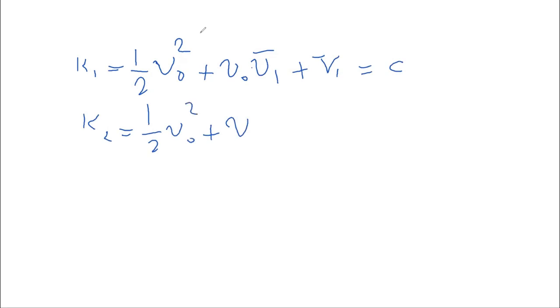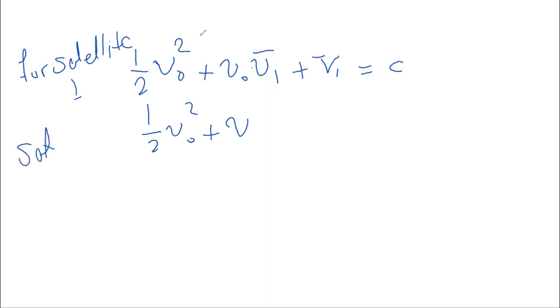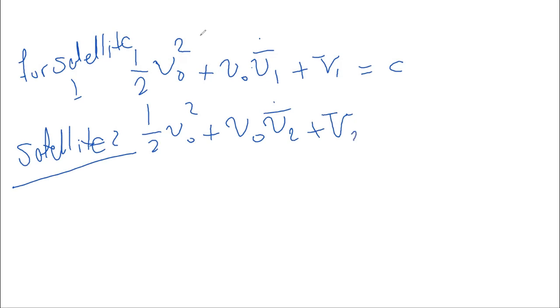Let me write it better, for satellite 1 and satellite 2: the same speed plus the potential is constant.